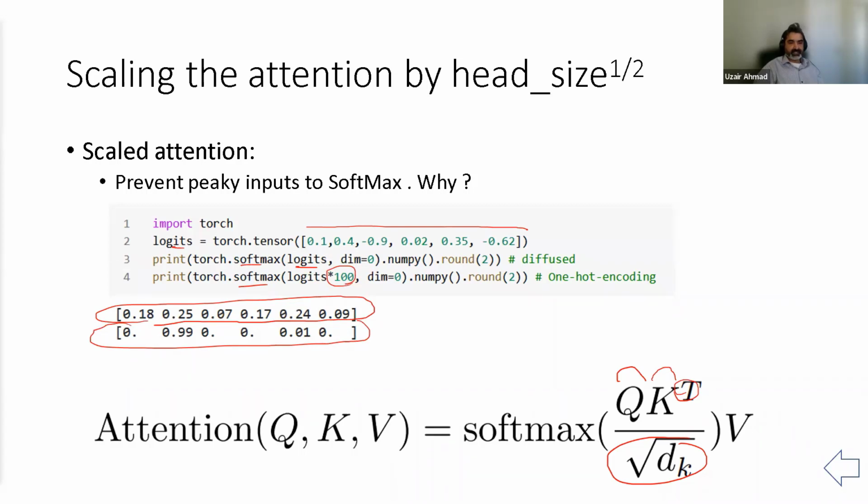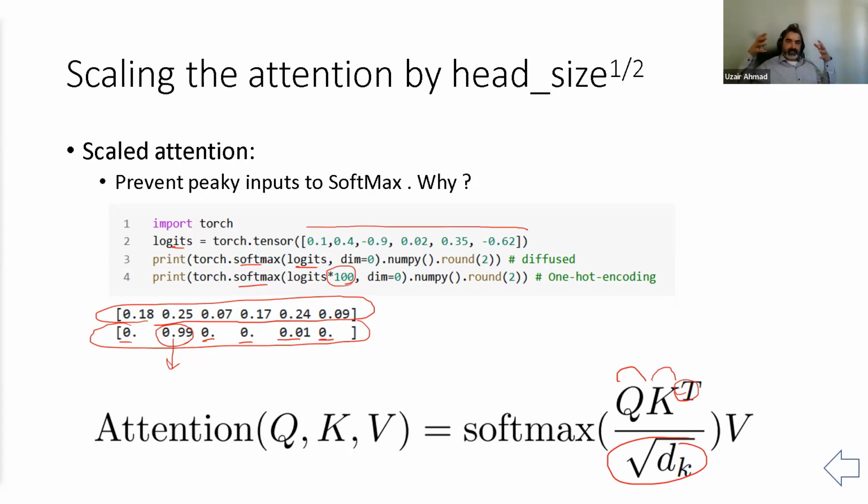You can see that the second vector is almost one hot encoding, which means the output is saying just ignore all other nodes. There is no information there. All information is in this node.